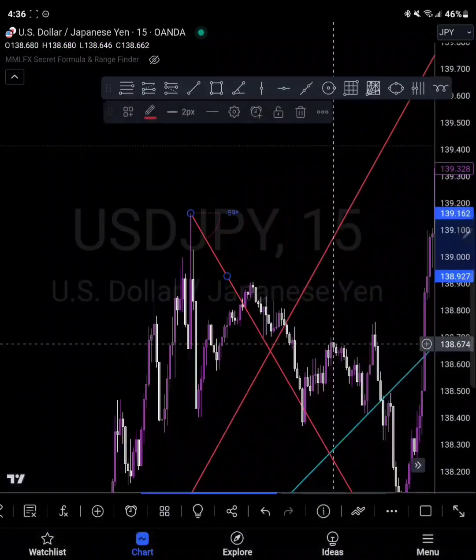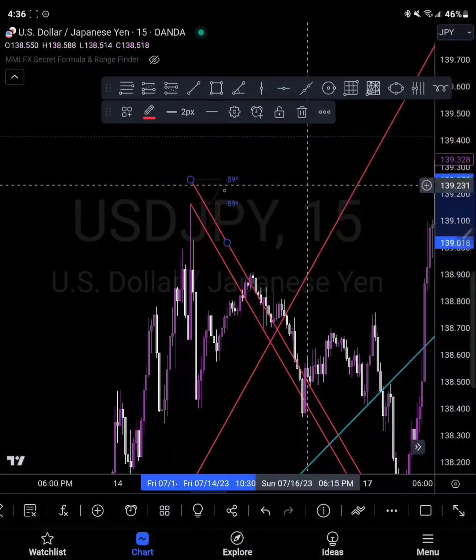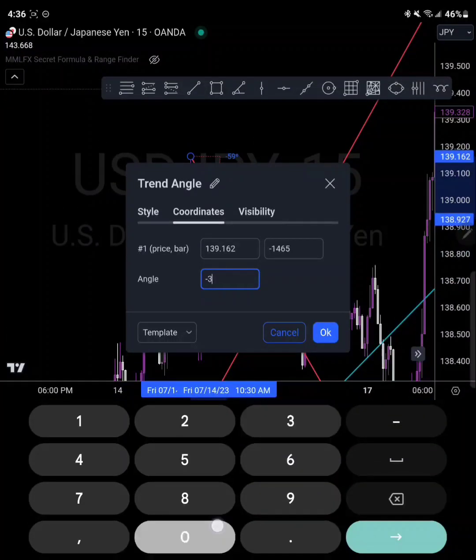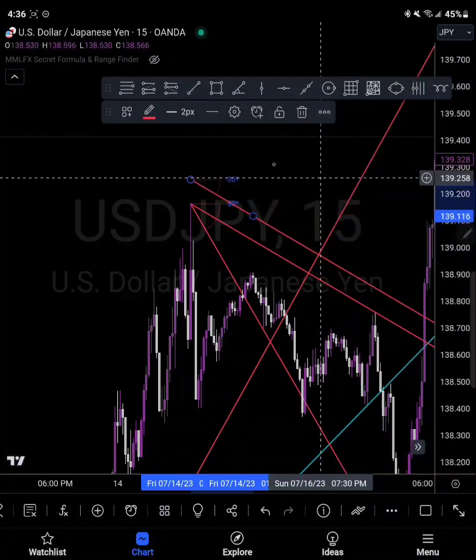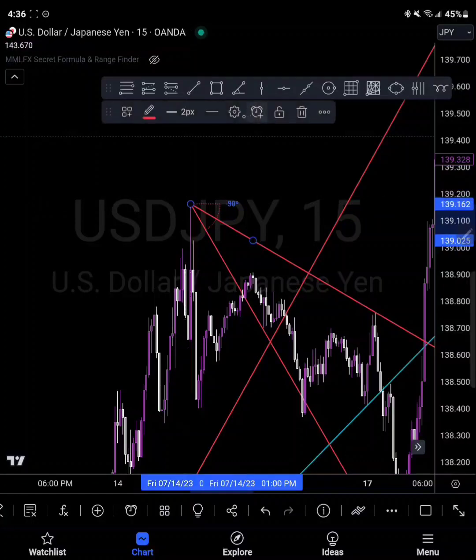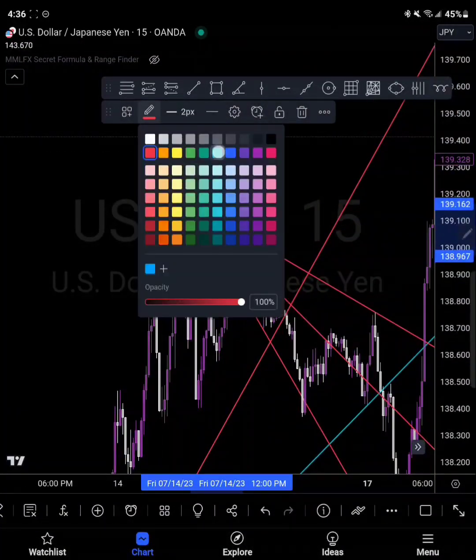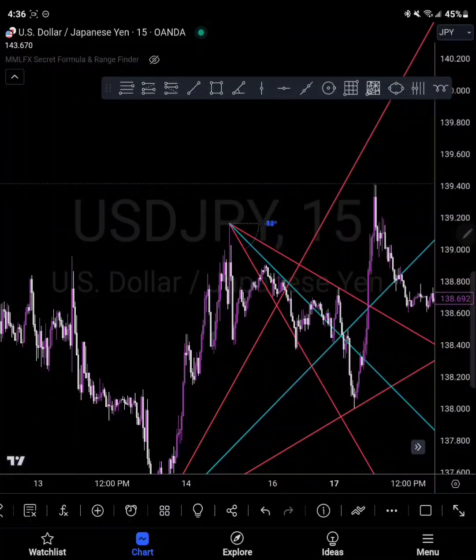Okay, minus 60. And then we're going to go minus 30. And then minus 45. Make that one blue. And there you have it.